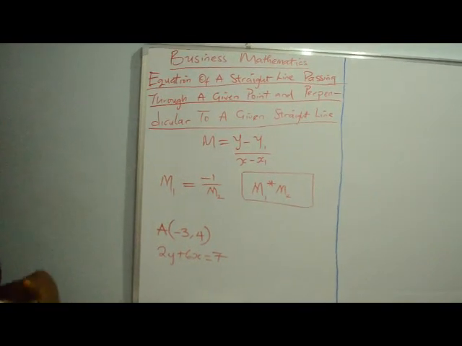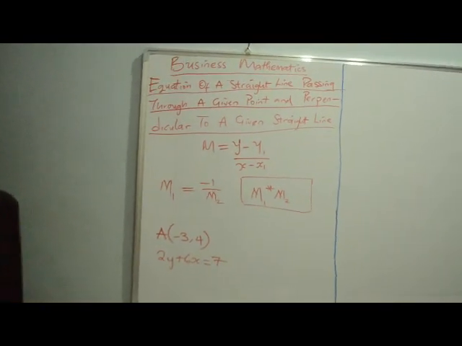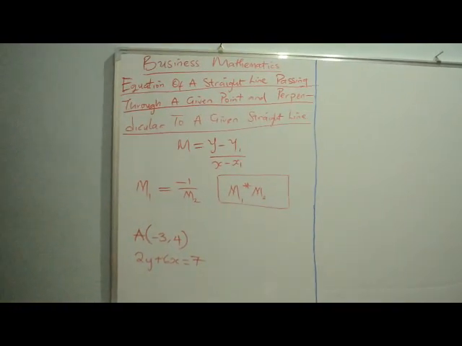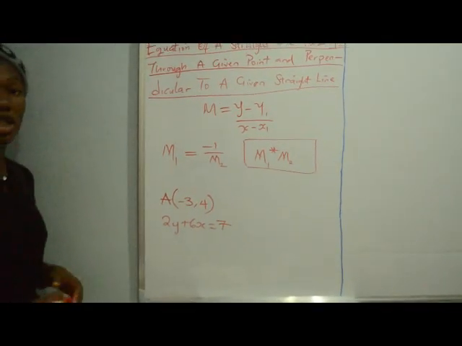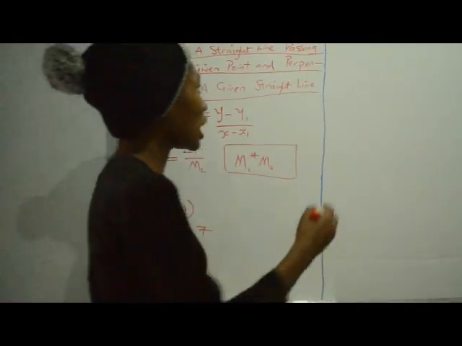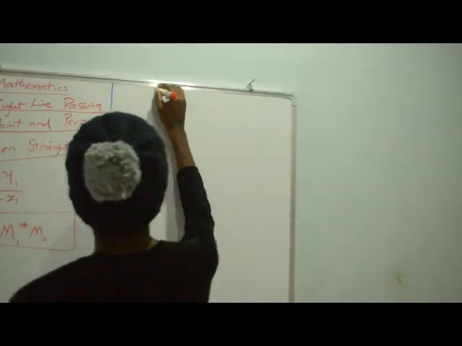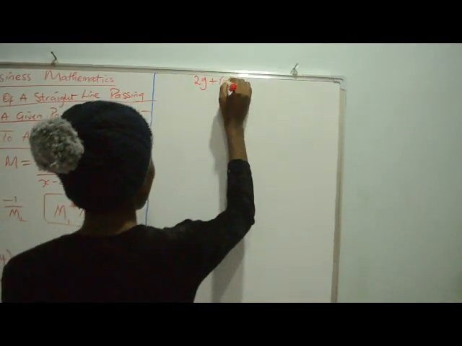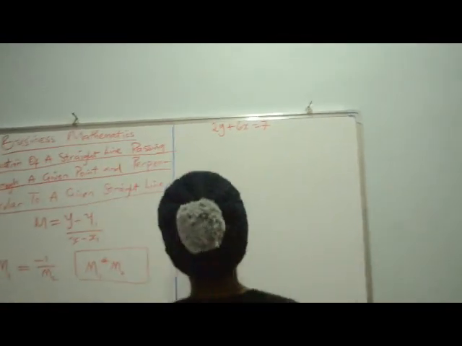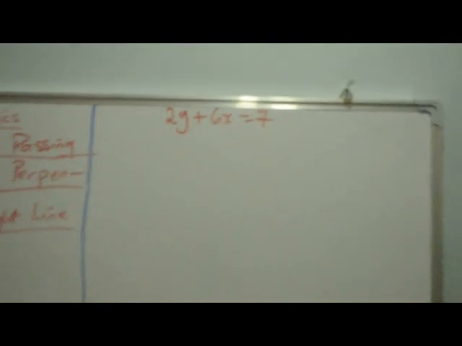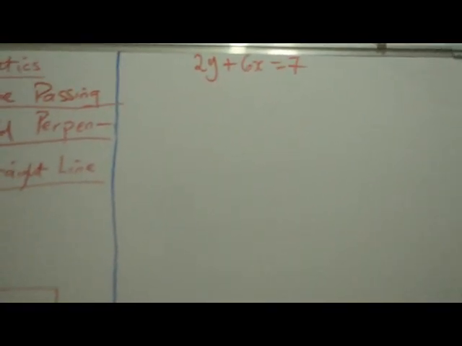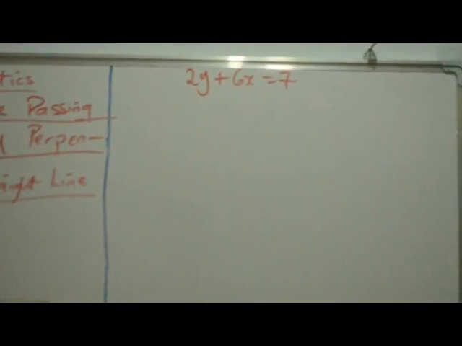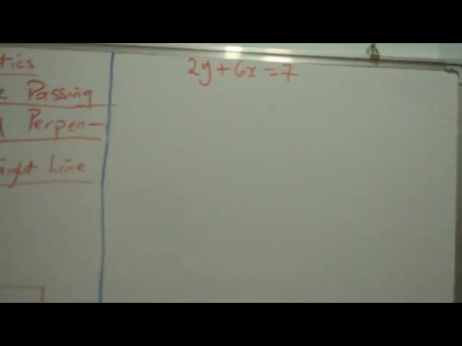Like I said, before we can solve all this, we have to first determine our gradients. So using this equation to determine our gradient, we have 2y + 6x = 7. Like I said before, if you've been following us from the start of our gradients, our gradient is equal to the coefficient of x when y is the subject of the formula.